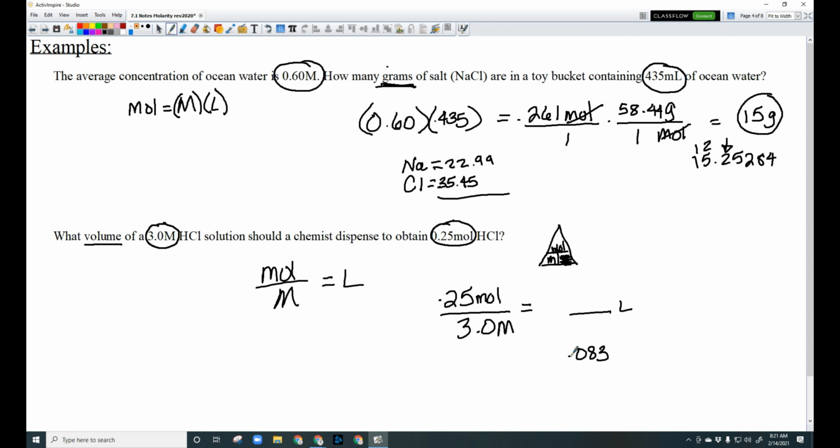All right, so leading zeros never count. 1, 2, the next is a 3. The 3 is not going to round, so our answer is 0.083 liters. All right, very simple calculations here.